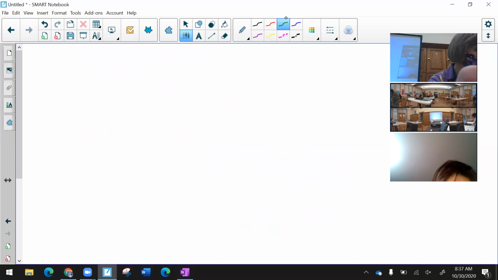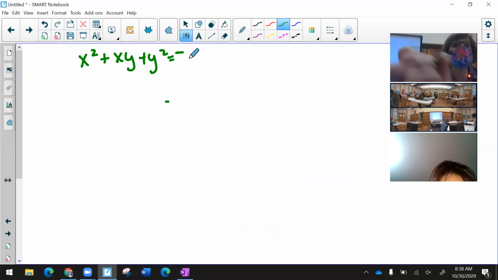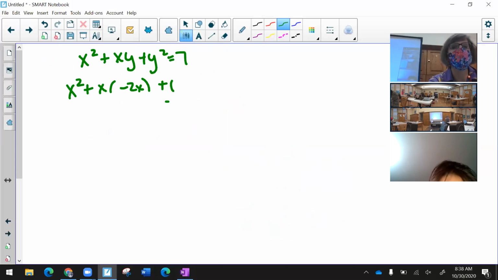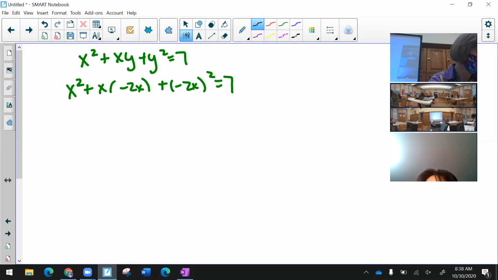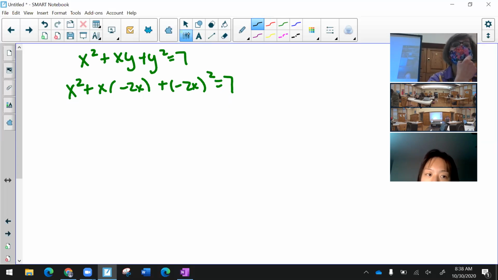So my original equation, I'm just going to write it down again, is x squared plus xy plus y squared is equal to 7. But then every place I have a y, I'm going to substitute in negative 2x. And now, how many unknowns do I have? Just one. So I can solve for x.